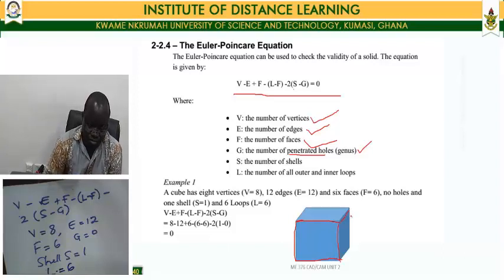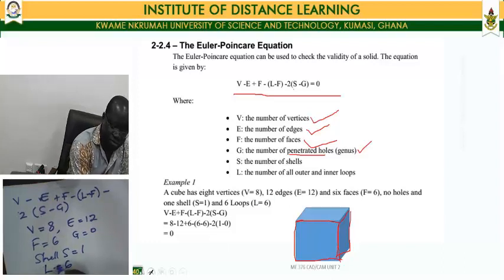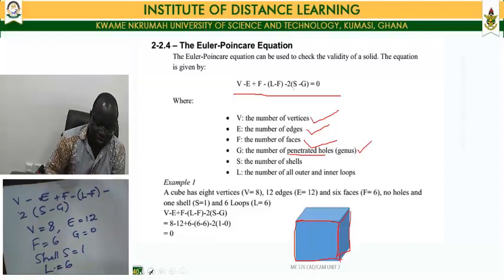So we have 8 vertices, 12 edges, and 6 loops, 1 shell, no genus.